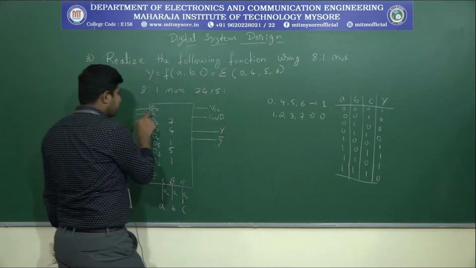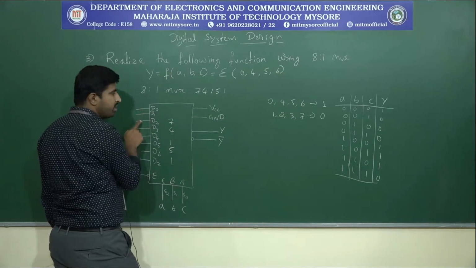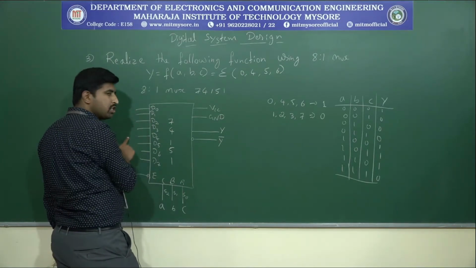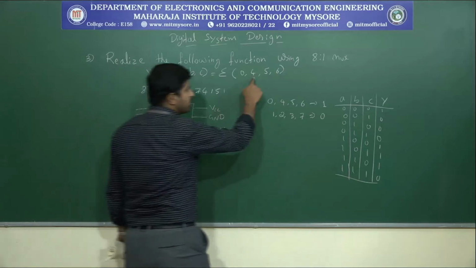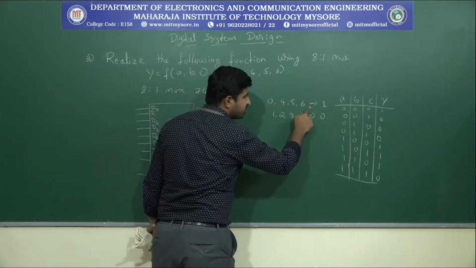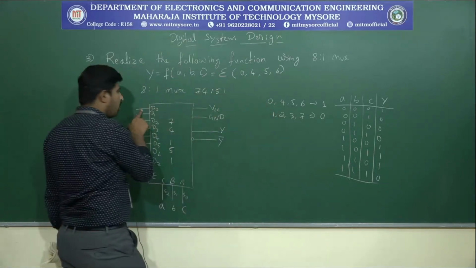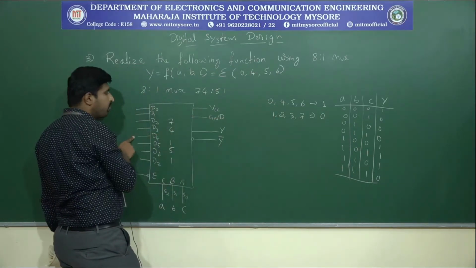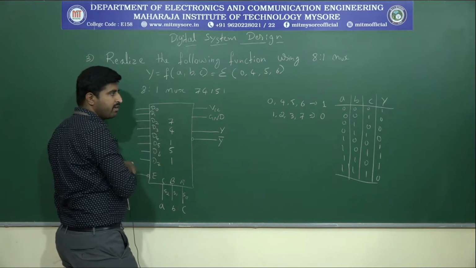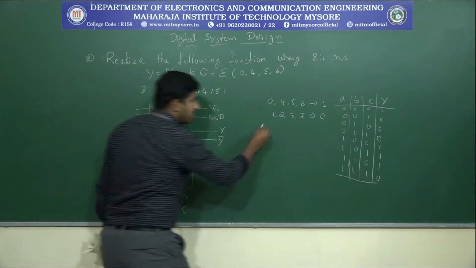So D0, D1 and D2 will have logic 0 or 1. According to the truth table, D0, D4, D5 and D6 will be logic 1.